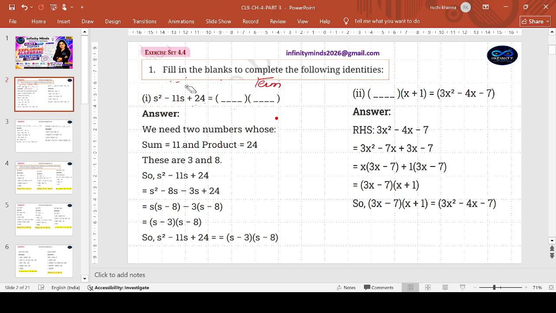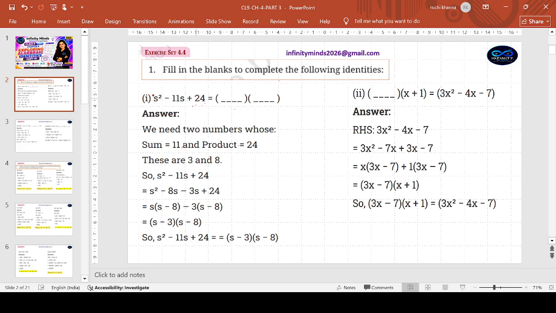Now see, the point is, first of all, you have to identify. As the question comes to you, you first have to check whether anything is coming common and you are able to factorize, or whether it is through some identity that I can apply. Now, if both the methods fail, then you have to check whether splitting the middle term can solve it.